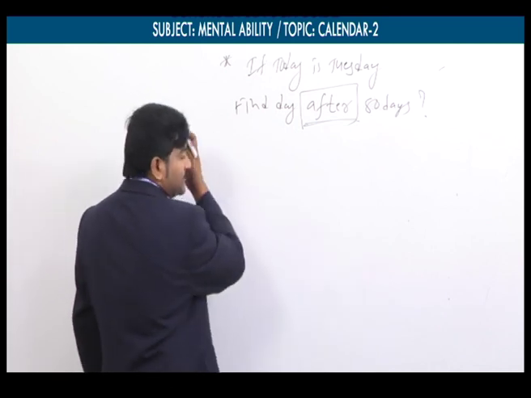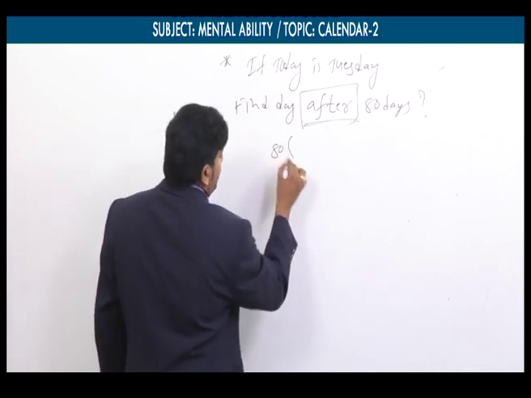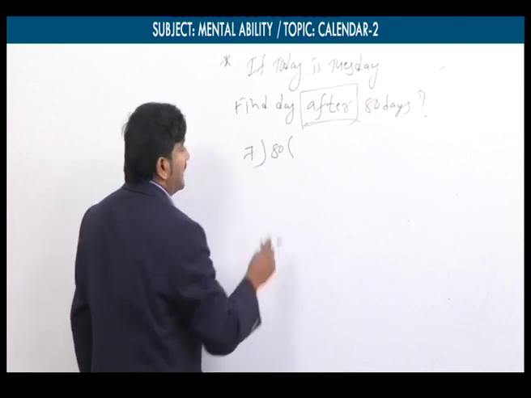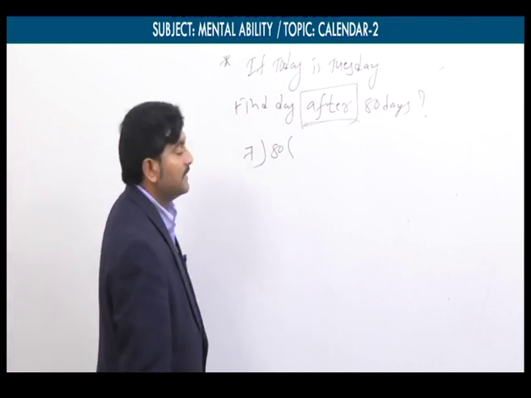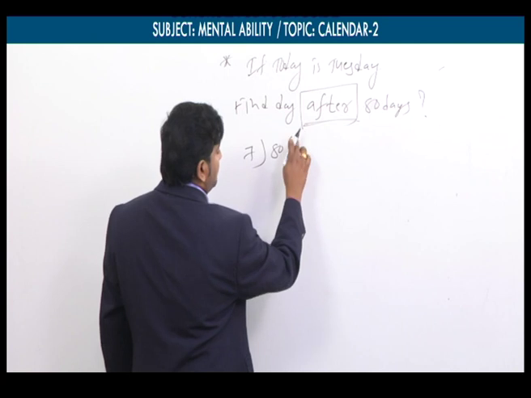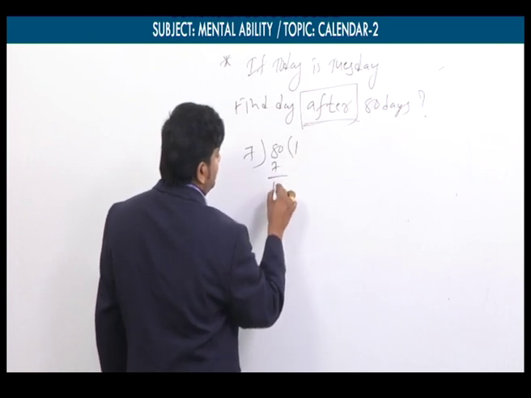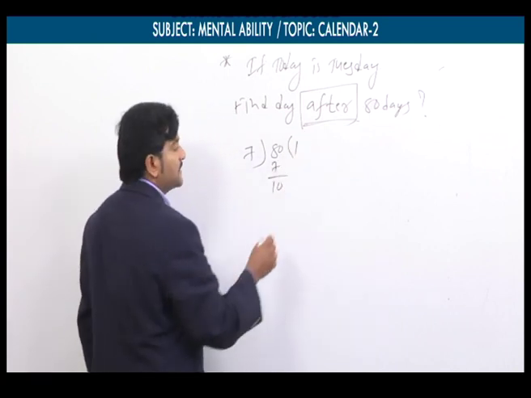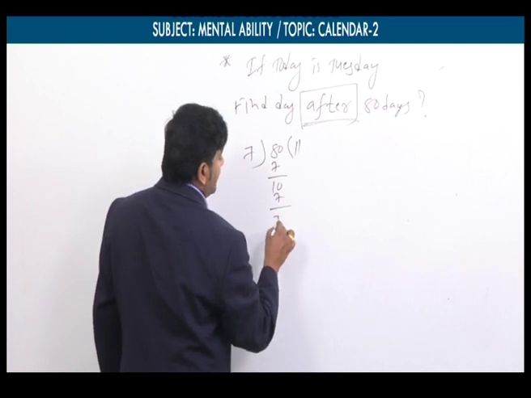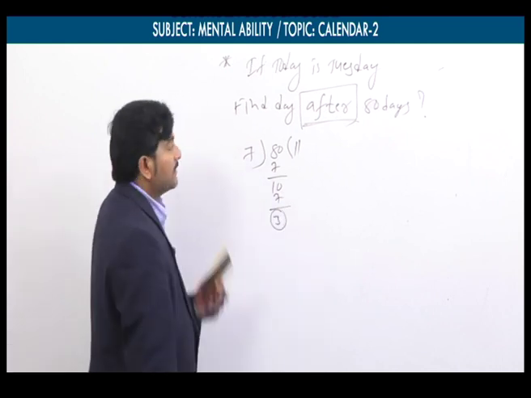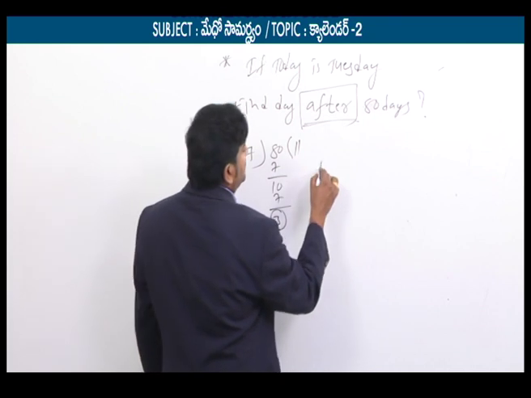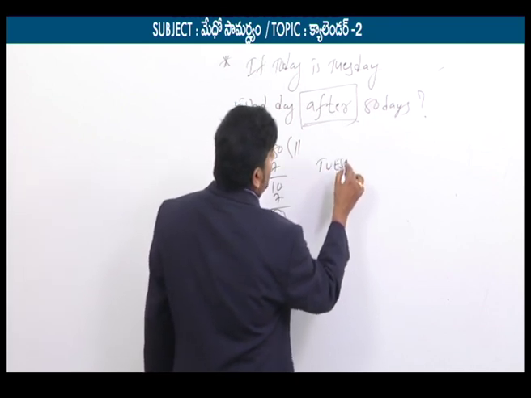Now, as we know what to do, a week has 7 days, so I am dividing the given days by 7. 7 tens are 70, 7 ones are 7, 1 left, 0 as it is, again 7 ones are 7. What is my remainder here? 3. What day did he mention? Tuesday. So now what we have to do?